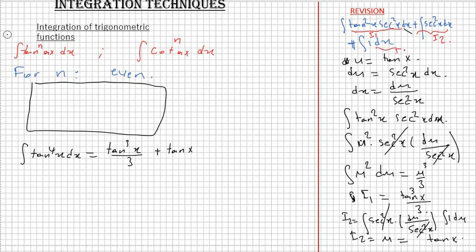So that gives I3. So we get x and then plus k. So that's the final answer.